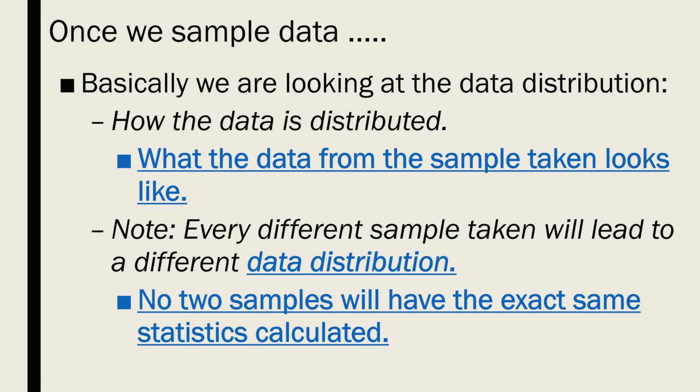Basically, we are looking at the data distribution, how the data is distributed, what the data from the sample taken looks like. Every different sample taken will lead to a different data distribution. No two samples will have the exact same statistics calculated.